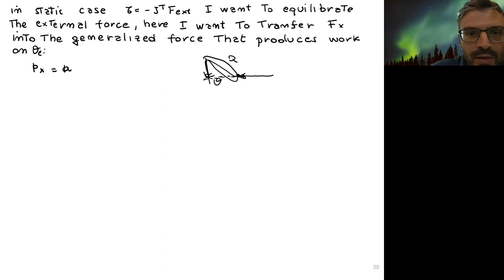We get the position Px is L cosine of theta. We will see that the Jacobian is nothing else than the lever arm to map this Fx into a torque around the axis. Okay, this is the link.